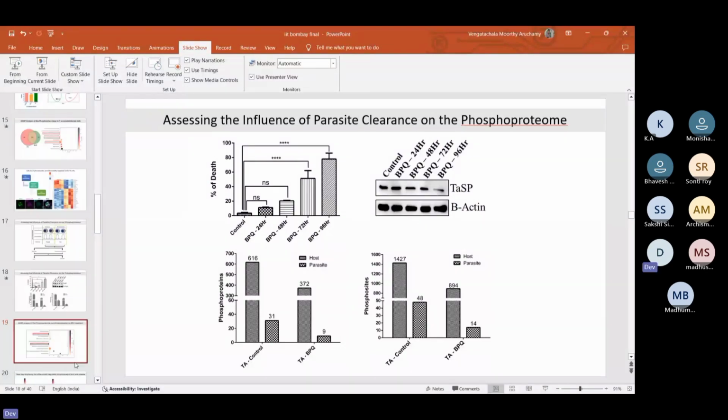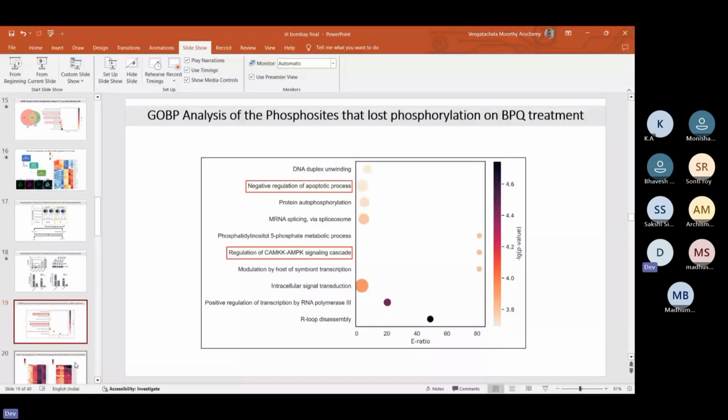We again checked which pathways have been altered due to the clearance of the parasite. For the GOBP analysis, we only took the phosphosites that lose phosphorylation on parasite clearance. That means they are only present in the infected samples, and when the parasite is removed, the phosphorylation is lost. This bubble chart represents the top 10 processes.